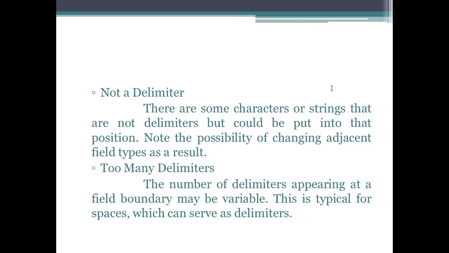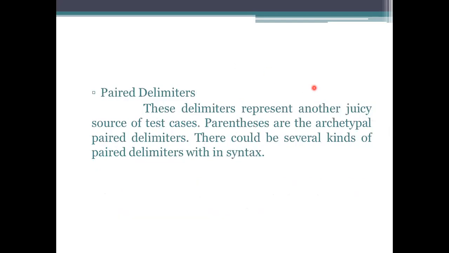Next one is paired delimiters. Let me explain this one. What would be the paired delimiters? As I said, this is a pair, and this one, and angular brackets also.